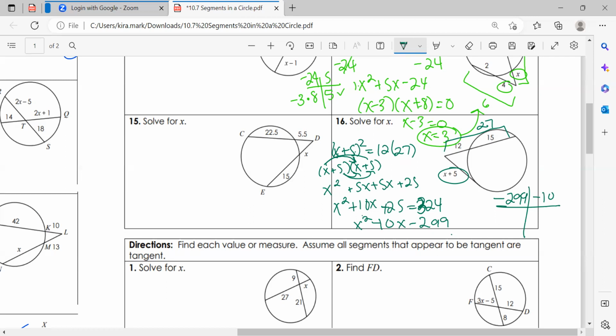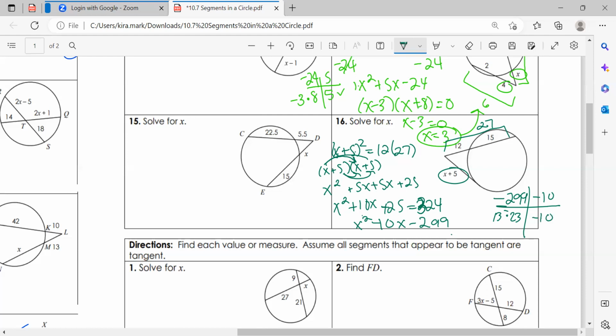And it's not divisible by 4. What about 9? No, because it's not divisible by 3. 10, no. 11, no. 12, no. 13, yes. Okay, so it's 13 times 23. Both of those numbers are prime. One of those numbers should be negative 23, and that would get you negative 10.